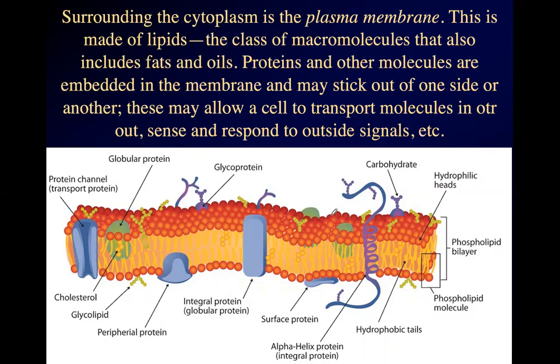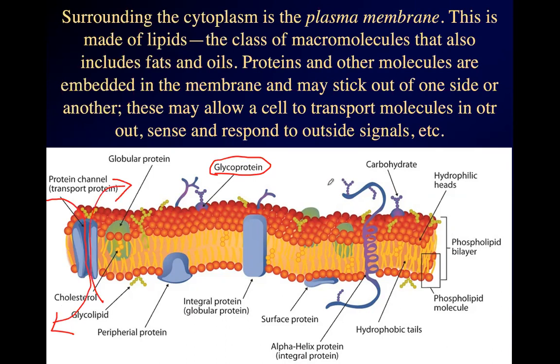And in a living cell, proteins and other molecules like glycoproteins, that's a protein with some carbohydrates stuck on it, can be embedded in the membrane, and some of them will stick out of one side and or they might stick out of the other. Some of these are transport proteins that allow things to move into the cell or move out.